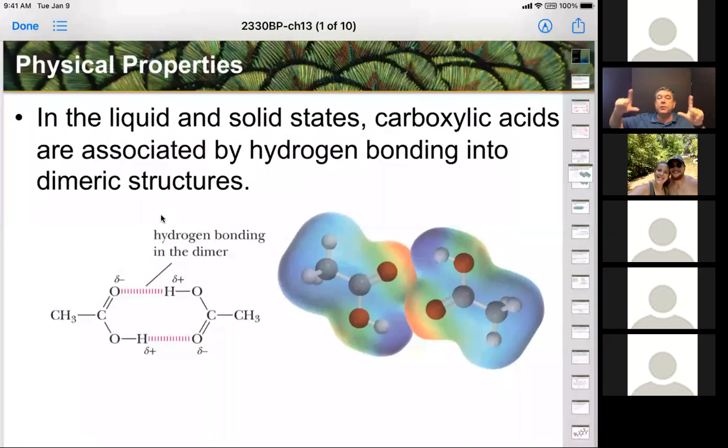So it's a dimer, it's 2 of them put together. It forms this 8-membered ring, hydrogen bonded together, and that basically almost, imagine increasing the strength of your hydrogen bonding. Therefore, it is the one that boosts your boiling points and melting points even more than your standard alcohol hydrogen bond.